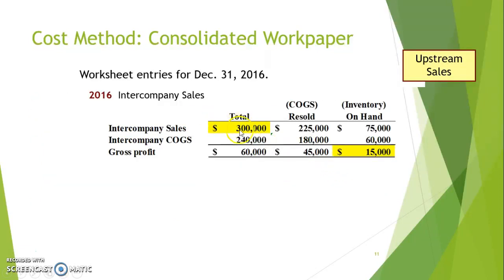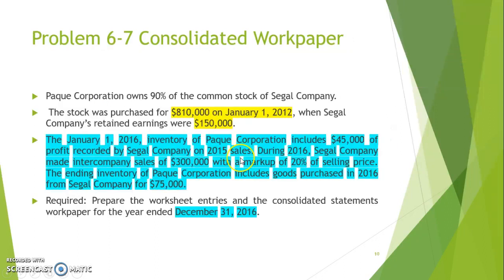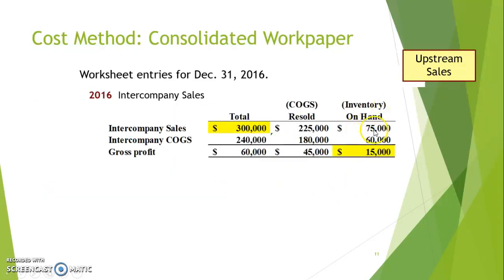So 20% of 300,000 is 60, which means that the intercompany cost of goods sold will be 240. In addition, we are also told that 75,000 of these goods that were purchased in 2016 remain on hand. So 75,000 is your ending inventory, and therefore 20% of 75,000 is 15,000.